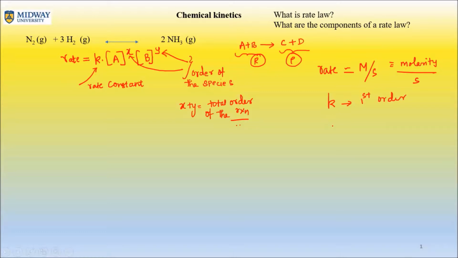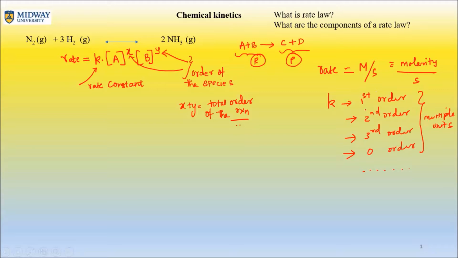That has a separate unit. I'll get to that in just a minute, but K can be second order, K can be third order, or K can be zero order, and so on. So K can have multiple units, whereas rate always has a single unit, okay?